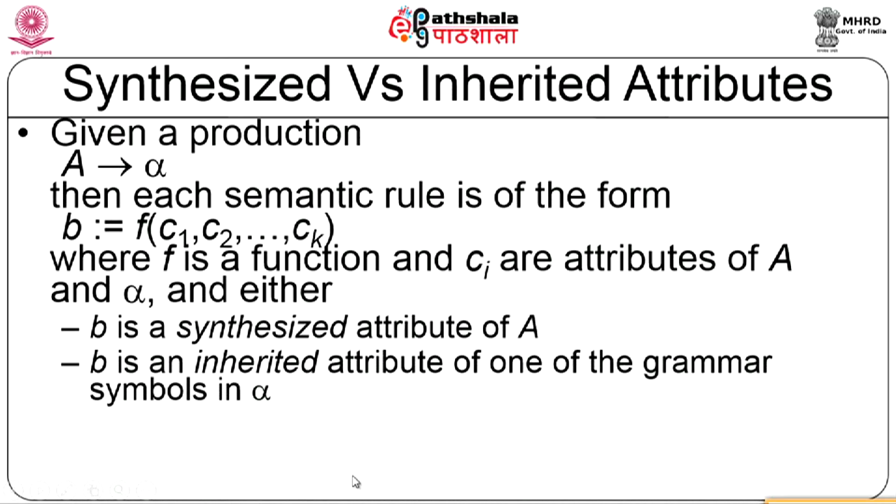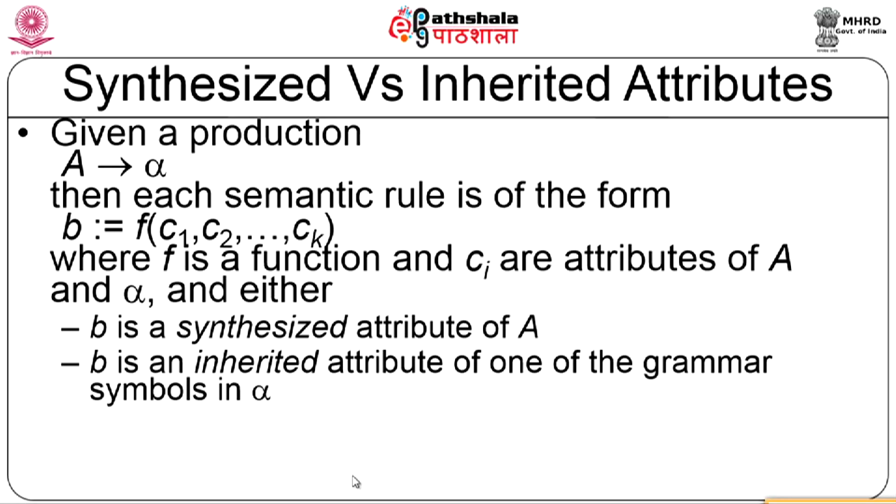Okay. Now, when I talk about attributes, attributes can basically be classified into two kinds. One is synthesized attribute, the other one is called inherited attribute. Now, I will assign attributes to all my non-terminals and terminals, and depending upon the attribute, I will perform my subsequent action of the semantic phase later.